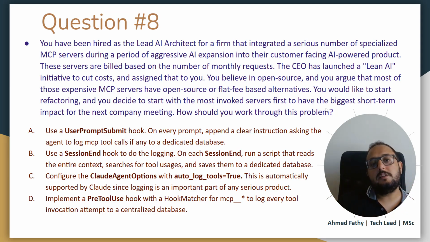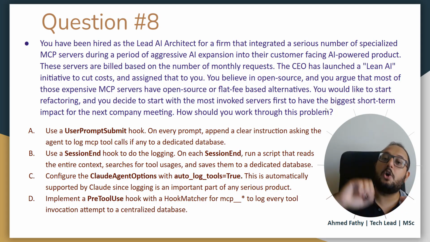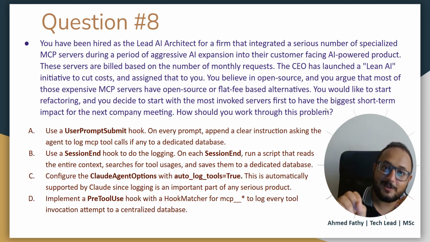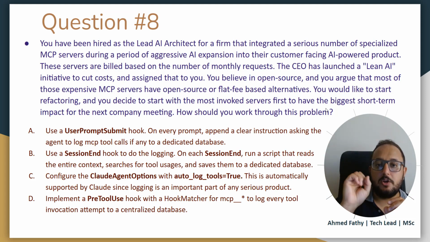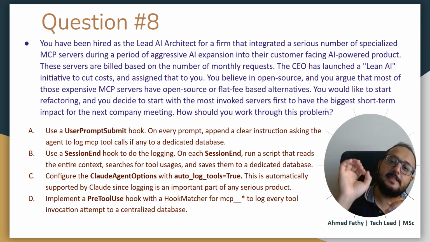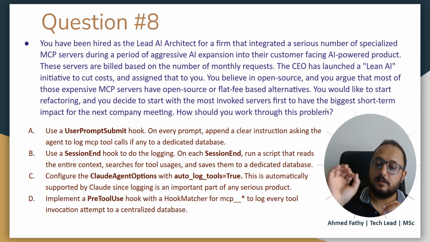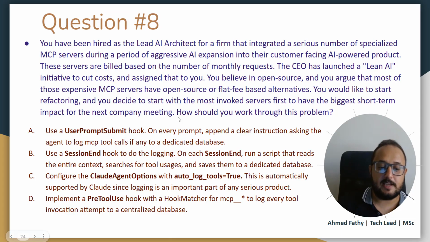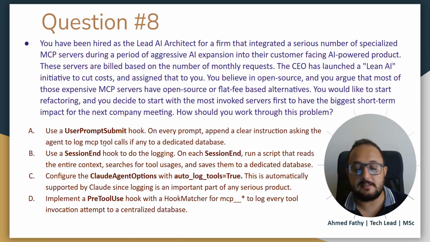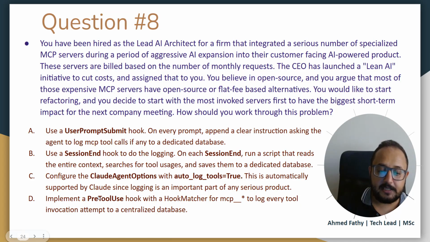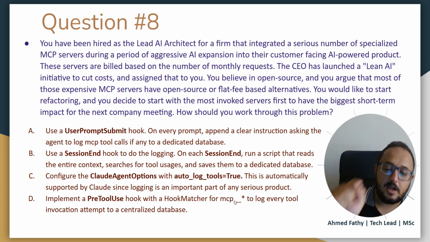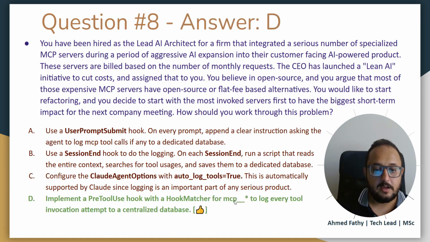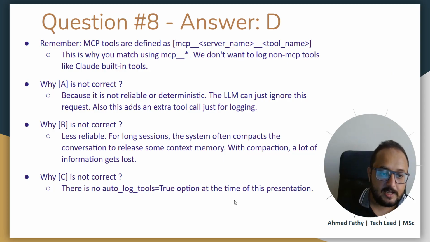So you need to have a hook that logs every MCP tool call, and for this option D makes more sense, and we will cover why A, B, C are less than ideal. So implement a pre-tool use hook with a hook matcher for mcp__* to log every tool invocation attempt to a centralized database. Okay, so the correct answer is D.